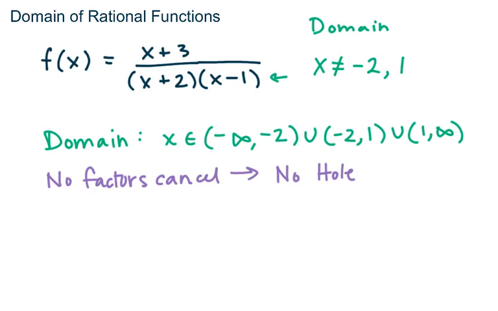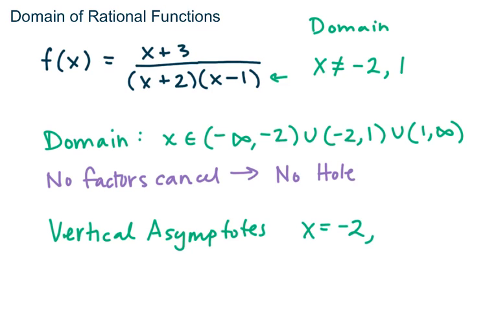So that means that both of those discontinuities, the breaks in the graph, the undefined values that are coming from the denominator, both of those represent vertical asymptotes. So we have two vertical asymptotes here. x equals -2 and x equals +1.